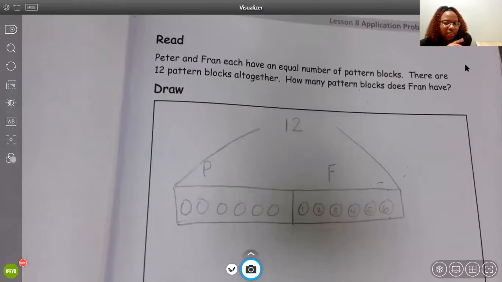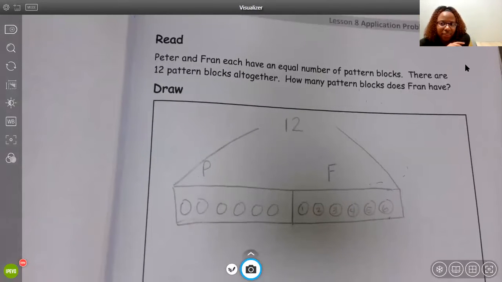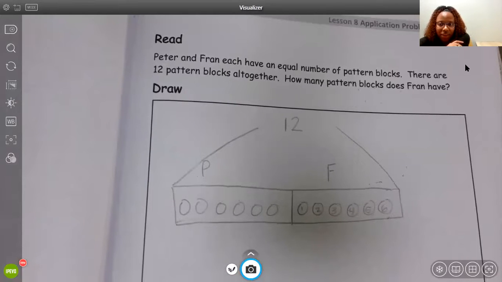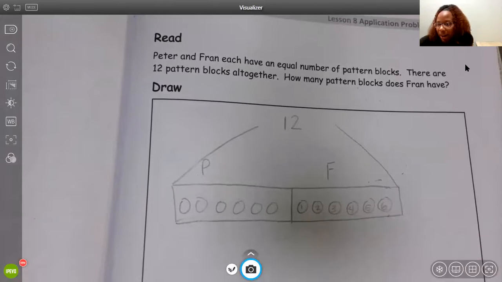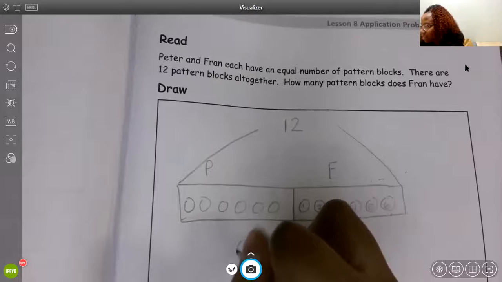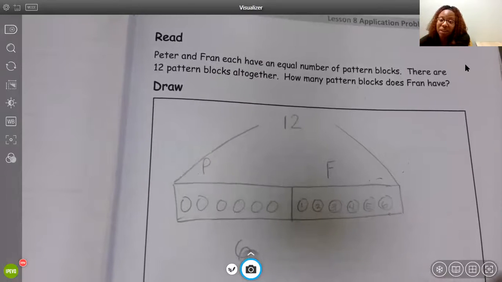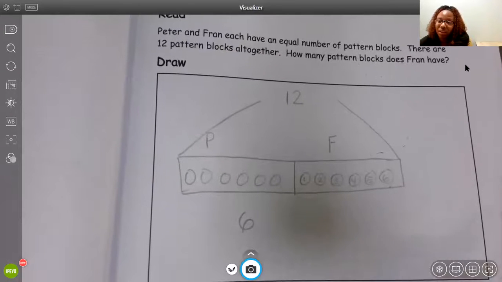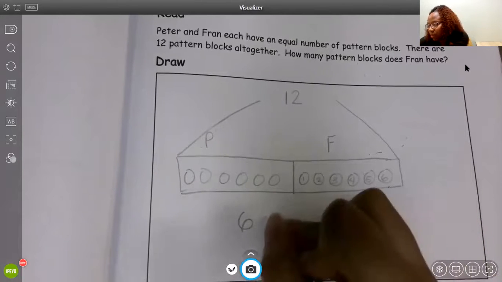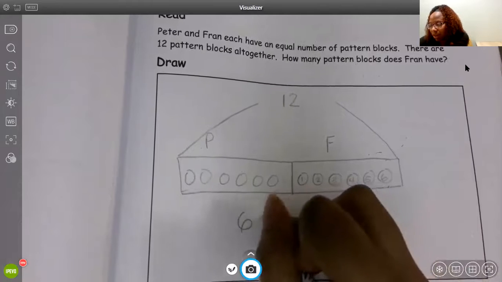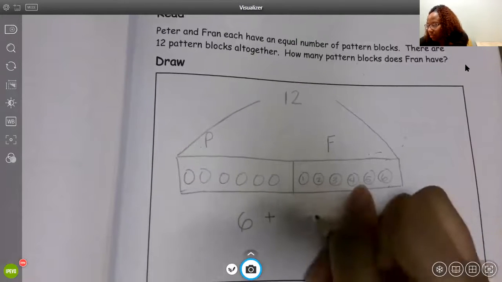Now, what number sentence did I use to help me solve? Well, I know Peter has 6. I want to know how many they have, or they had it all together, they had 12. And then I know I want to do addition.